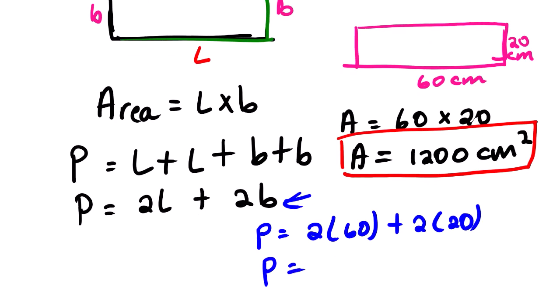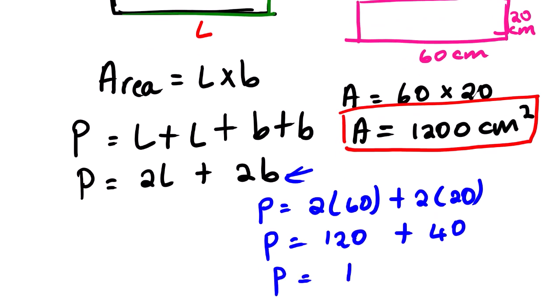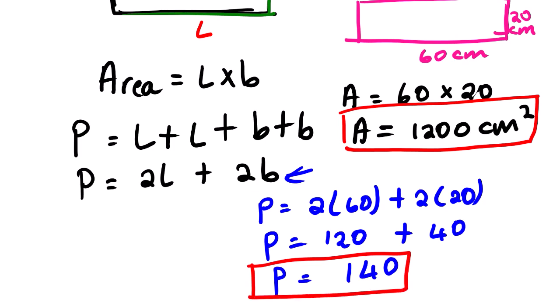P equals 120 plus 40, which all in all is 160. So take note of these equations for the rectangle.